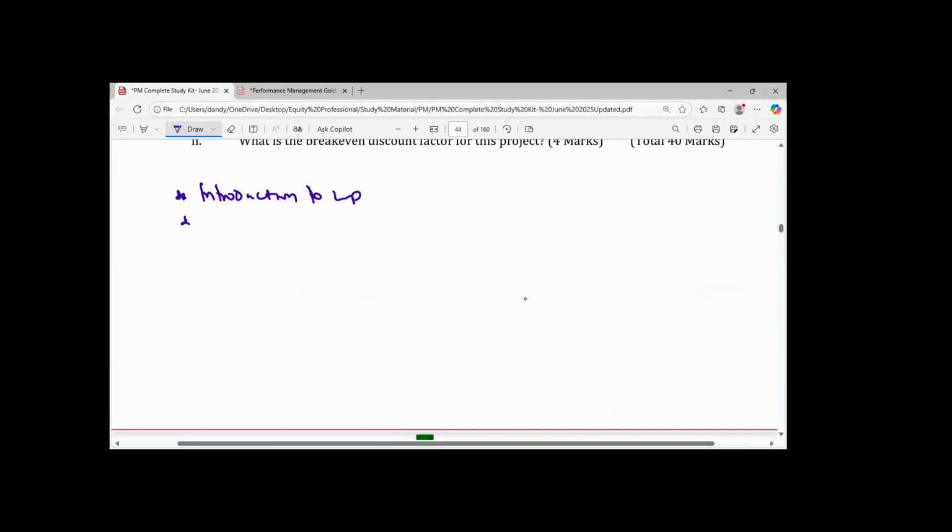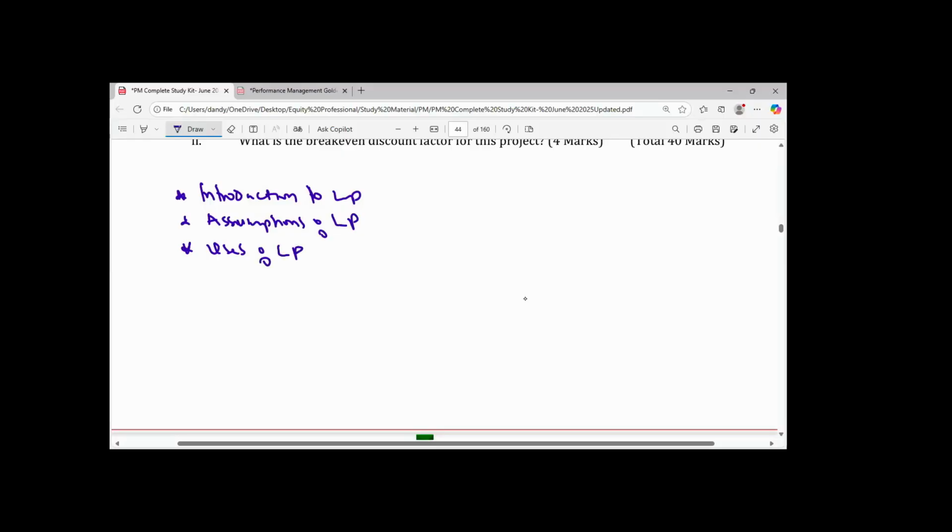Then we talk about the underlying assumptions of linear programming model. Then you also need to learn about the uses, or areas of application of linear programming.